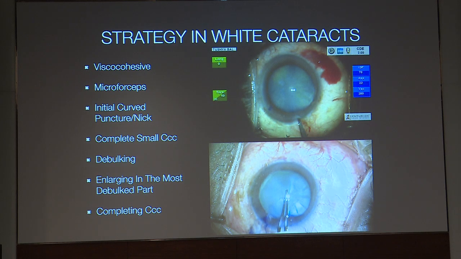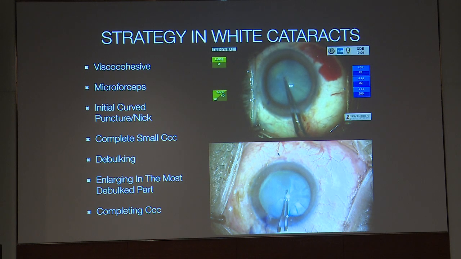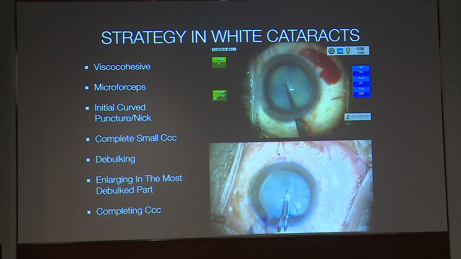What is the strategy in white cataracts? So whenever you are trying to do rhexis in a white cataract, always use a viscocohesive. Microforceps has an added advantage. So if you see here, the first nick that you have to give, we usually give an initial curved puncture because it gives a direction to the flap.